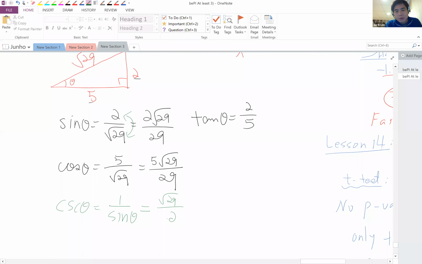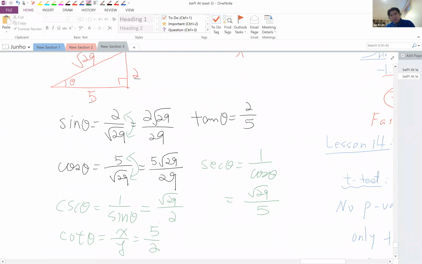That will be cosecant theta. Now, secant theta means 1 over cosine theta. So switch up and down again. Then this becomes root 29 over 5. The last one, cotangent theta, is x over y, therefore 5 over 2. Make sense to you?